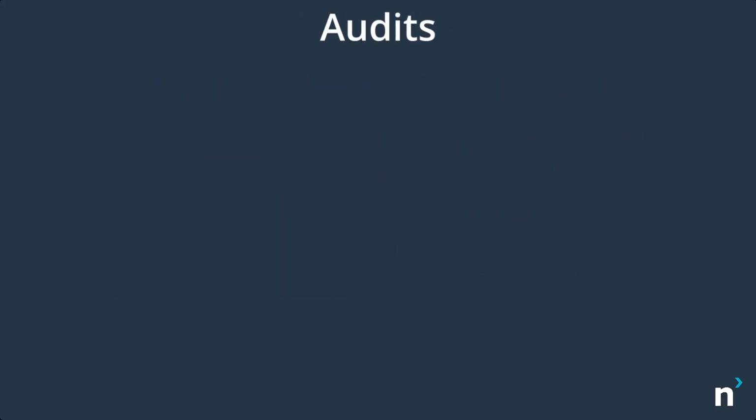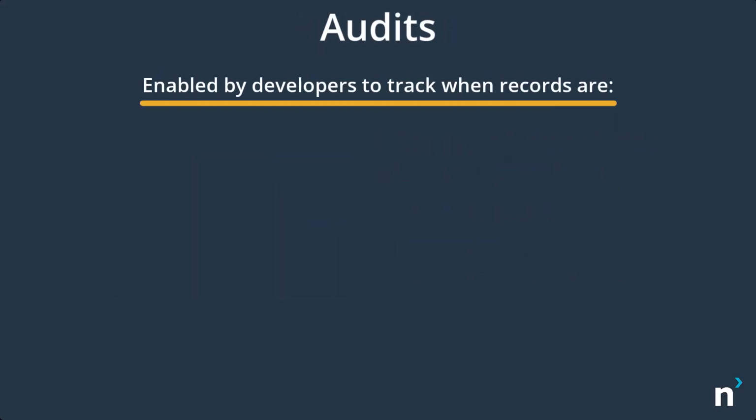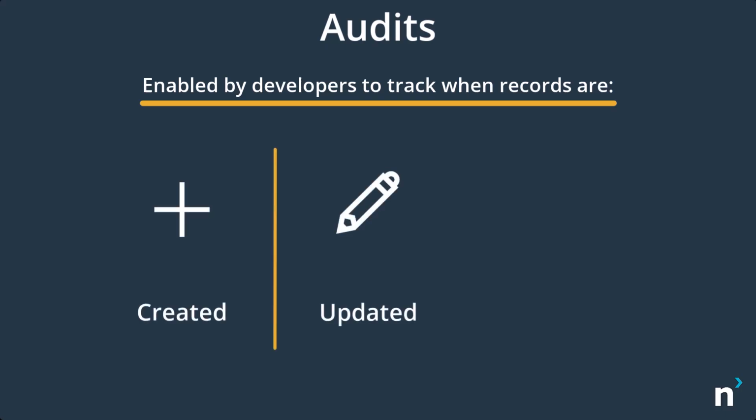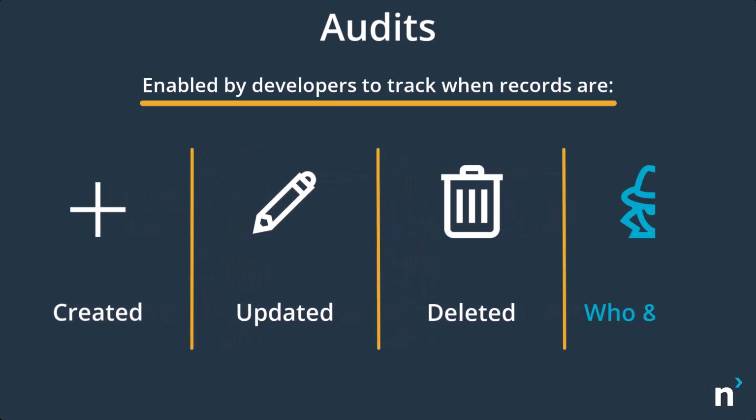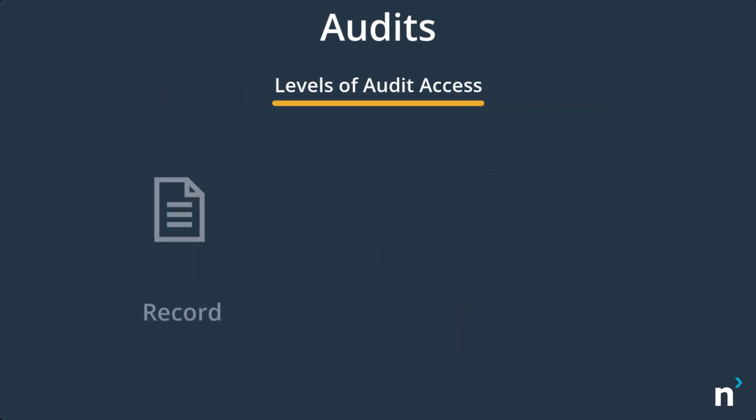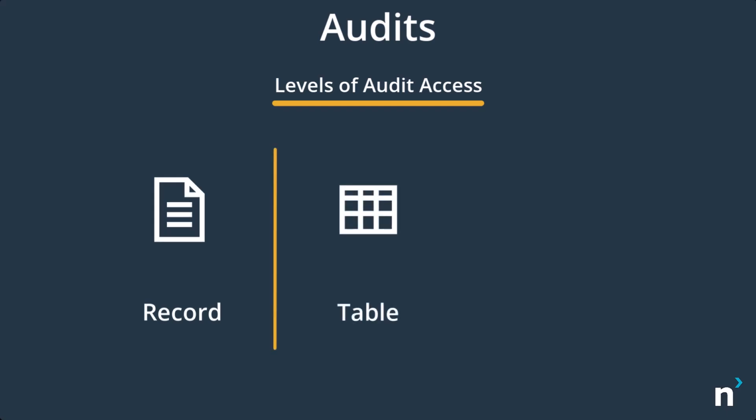When creating a table in NextWorld, developers can enable audits to capture information on when records are created, updated, or deleted. Users with audit access can then view and track those changes, including who made them and when within the table. There are different levels of potential audit access, usually based on a user's role.